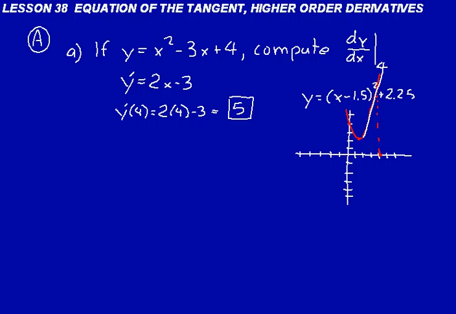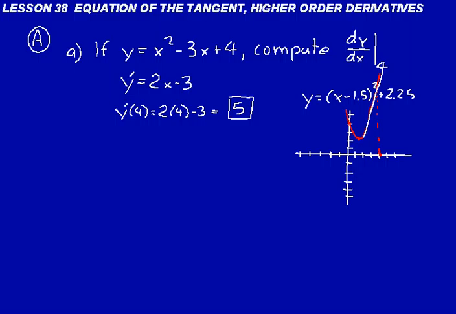Why I'm drawing that is just to show you that that does have a pretty steep slope there at x equals 4, and my graph isn't perfect, but we can see that it's definitely a slope greater than 2 or 3 or so. So just making that sketch gives us confidence that yes, the slope at that particular point, the instantaneous rate of change, in other words, of that function is equal to 5.